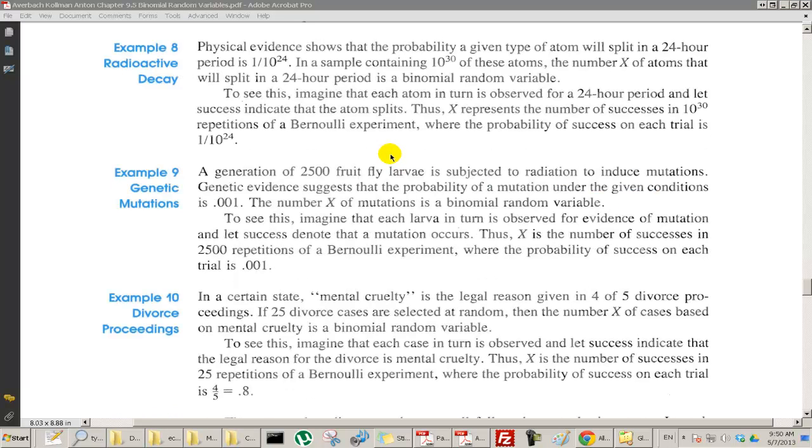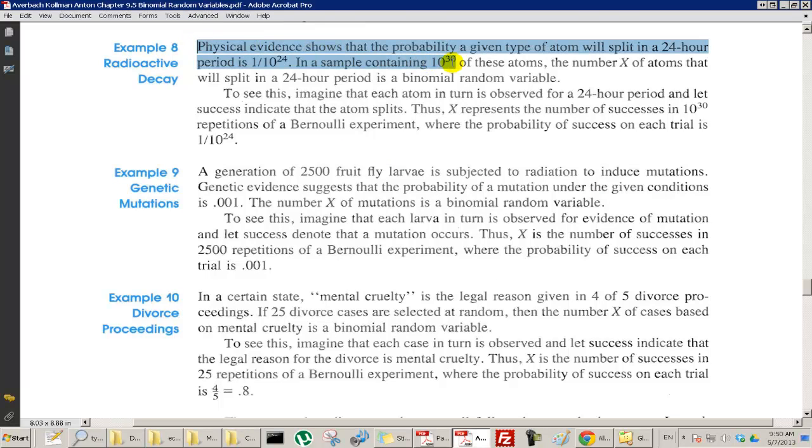But you can also see that, for example, let's look at this one. Physical evidence shows that the probability of a given type of atom will split in a 24-hour period is this. So this is the probability that the atom will split. So if you basically collect 10 to the 30th of these atoms, so it's not like 10 flips of a coin or 10 children, but this many atoms, but still it's the same idea.